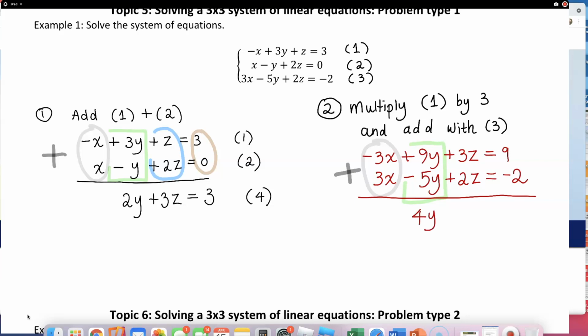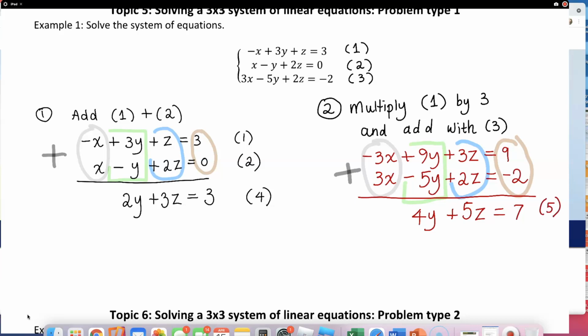Next, let's add 3z and 2z. That's going to be plus 5z, and that equals the right side of the equal sign. 9 plus negative 2 is 7. And let's call this equation number 5.